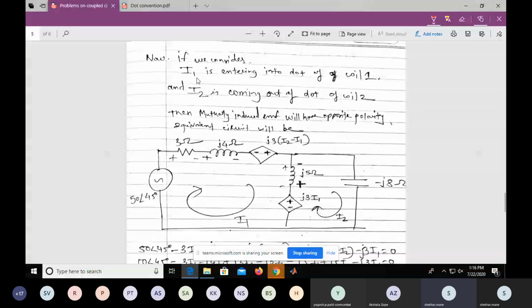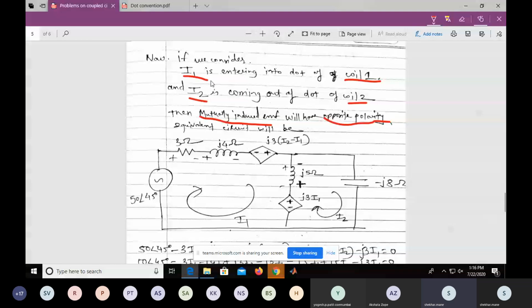If we consider I1 entering the dot of coil 1 and I2 coming out of the dot of coil 2, then the mutually induced EMF will have the opposite polarity.